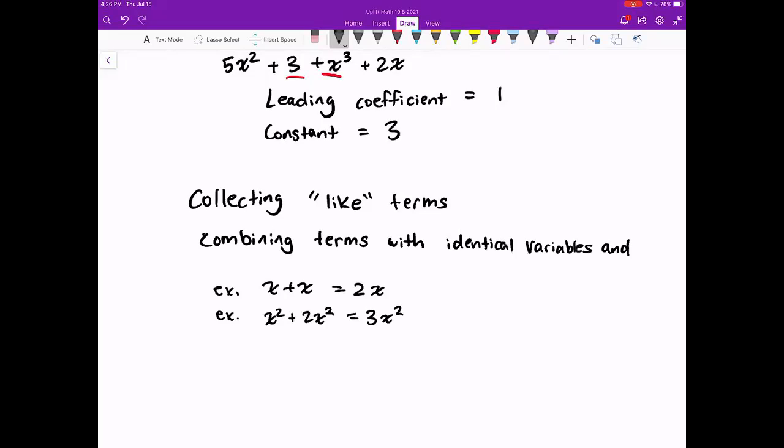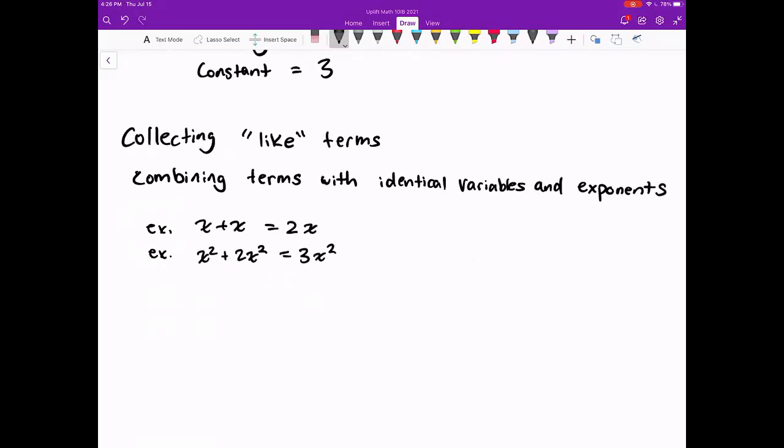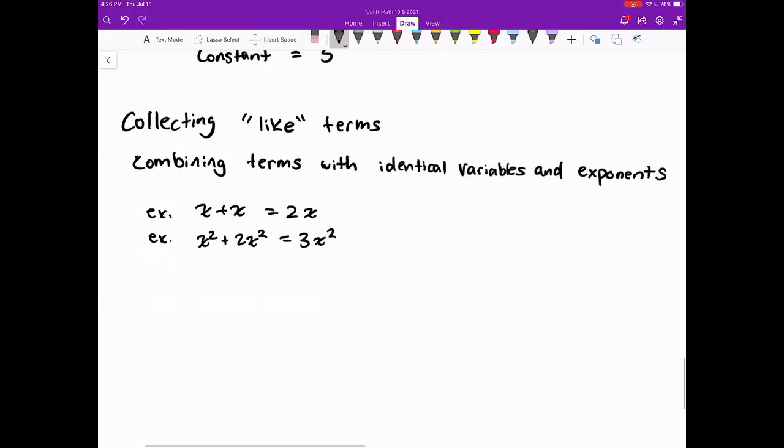So if we have something like x cubed plus 2x squared, that wouldn't be possible because although the variables are the same, the exponents are different. So there's no way to combine it and it's a binomial.